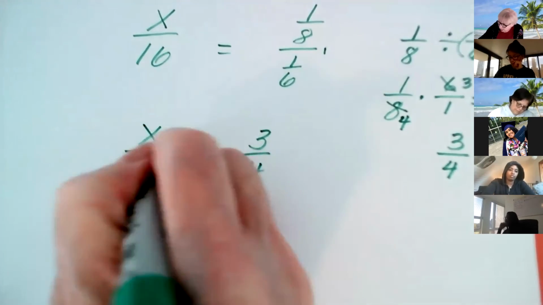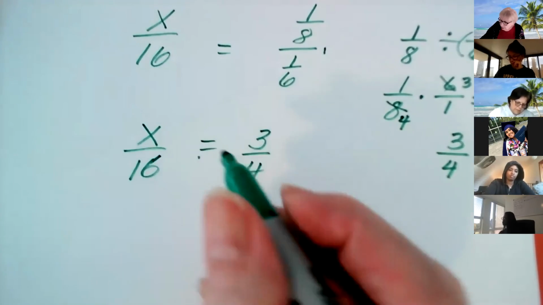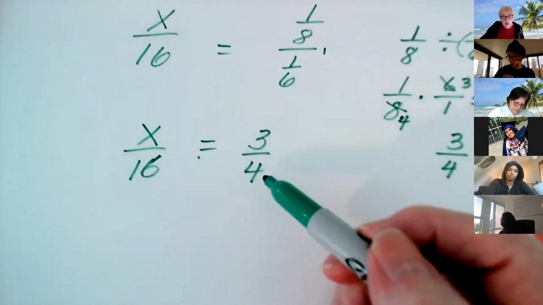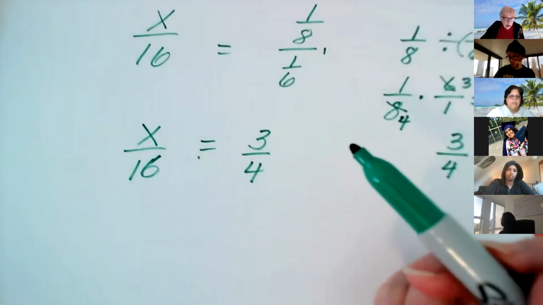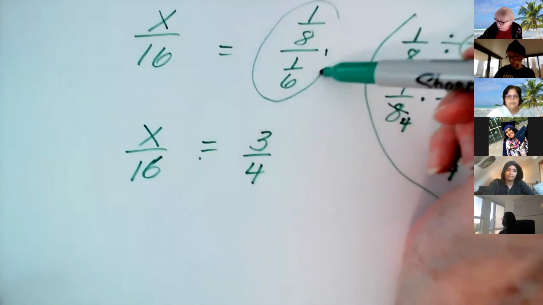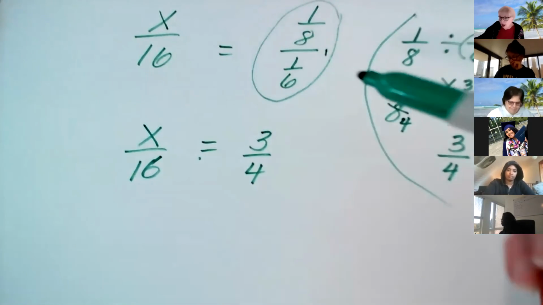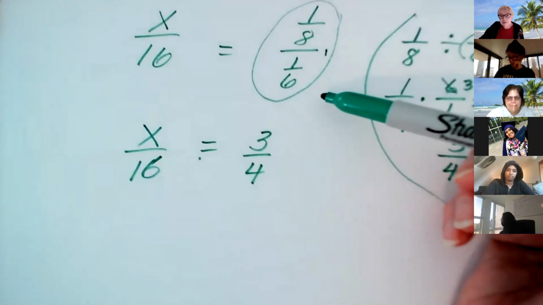And so now it's not going to get us in trouble. X/16 equals 3/4. I can deal with that. You can deal with that. So literally what we did is, I love this expression, I saw a mess and I cleaned it up. Did I like the look of that? No, I didn't.